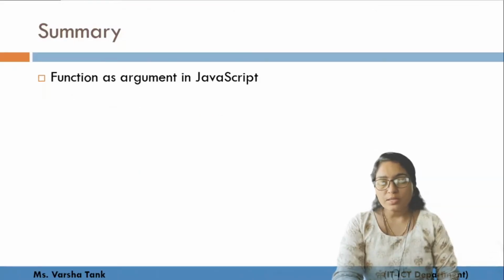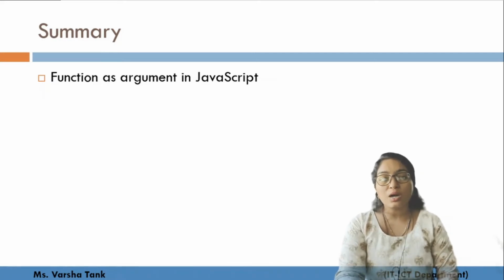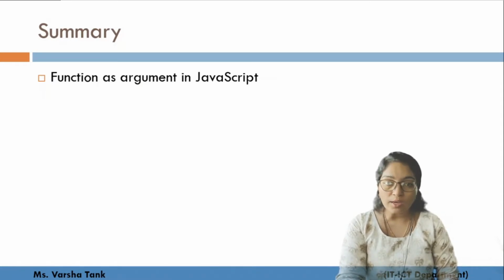So, summary of this lecture: we have learned about the function as an argument in JavaScript. In the last lecture we learned about the JavaScript callback function, in which we saw the three ways to call a JavaScript function: the simple way as we are calling, then the anonymous function, and then the arrow function.